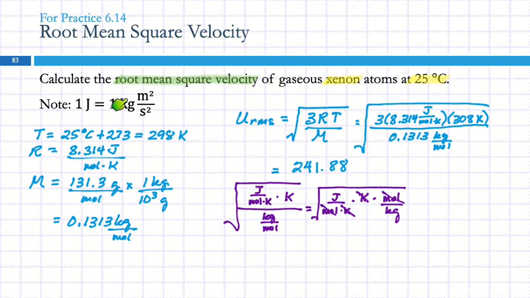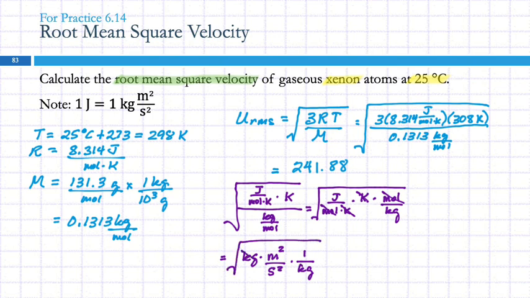But I put this up here because I always forget it. A joule is equal to a kilogram meter squared per second squared. So the joule is a kilogram times meters squared per second squared. And what I have left over there is 1 over kilograms, the square root of that.